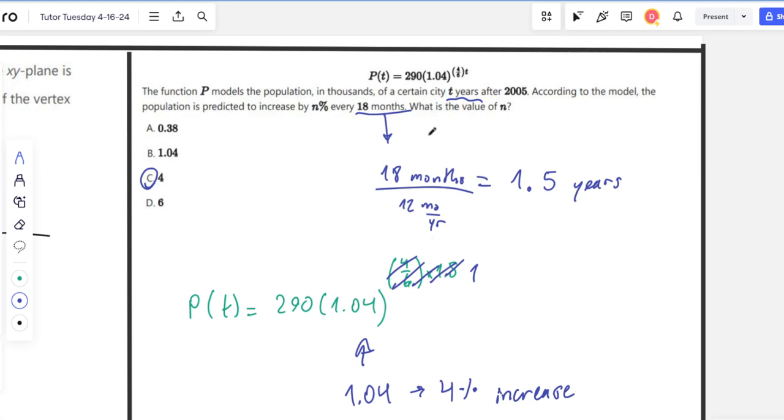If it asks for a different time period, you could do the same thing and plug it in. But here it works out so that t of 1.5 years cancels out with that 4/6, and so every 18 months, it just goes up by that 4%. Yeah, these are nonlinear function SAT math problems.